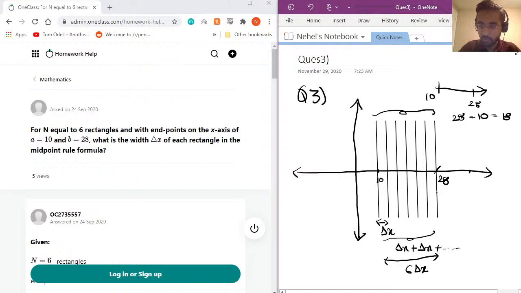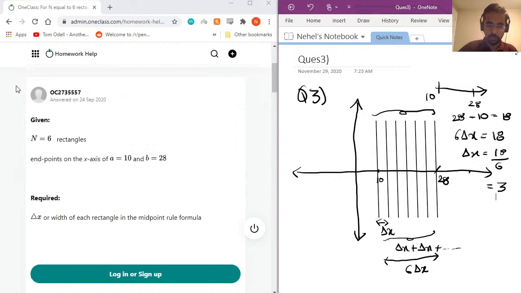So these two are the same, so 6 delta x equals 18, or delta x equals 18 over 6, which is equal to 3. So the width of each rectangle is 3 in our case.